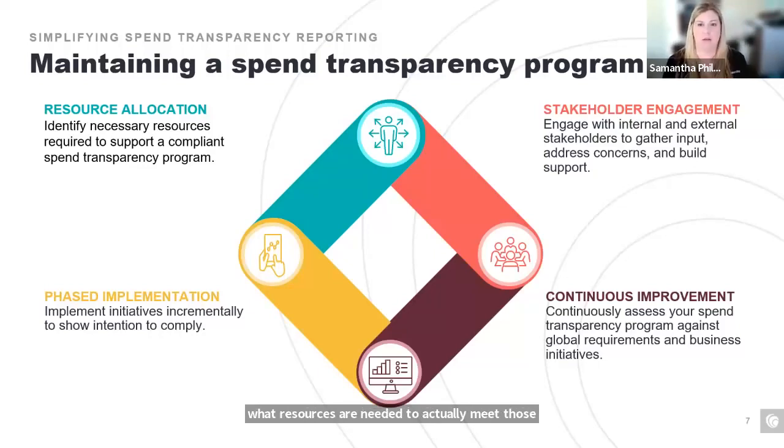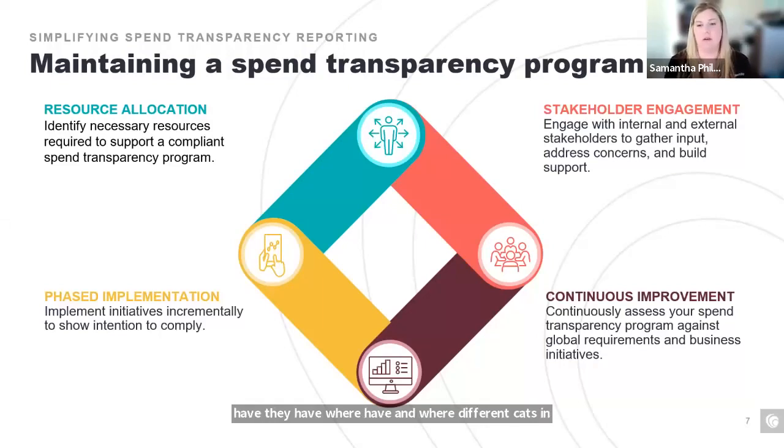And I'd say across our clients and what we see in the industry is that there's a really broad range of how spend transparency programs are resourced and how they're handled. In some cases, you have dedicated headcount that is responsible for spend. In some cases, that dedicated headcount isn't actually doing a whole lot around spend until Q1 of the year when the reports are due, and the rest of the time they wear different hats in the organization.